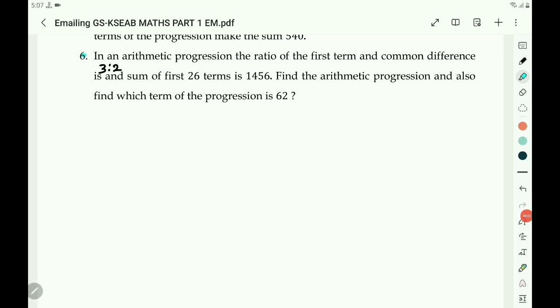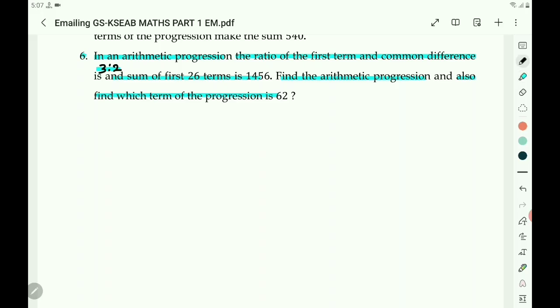Question number 6. In an arithmetic progression, the ratio of the first term and the common difference is 3:2, and the sum of first 26 terms is 1456. Find the arithmetic progression and also find which term of the progression is 62.